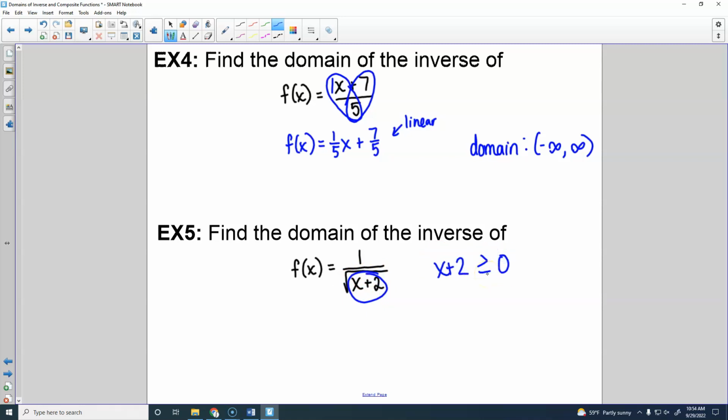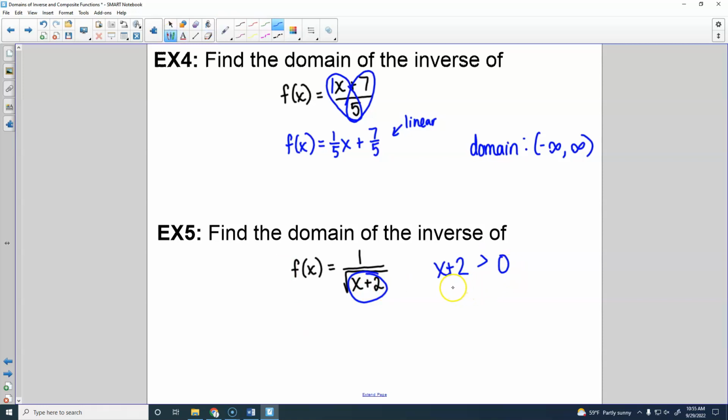But for this problem, can x plus 2 equal 0? It cannot because it's in the denominator. And if I have a 0 in the denominator, I'm getting 1 over 0, and what is that? Undefined. So for this particular case, because that square root is in the denominator, it's just going to be greater than 0.